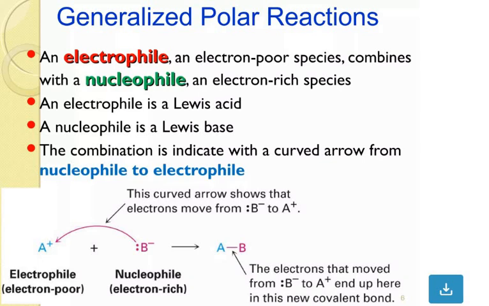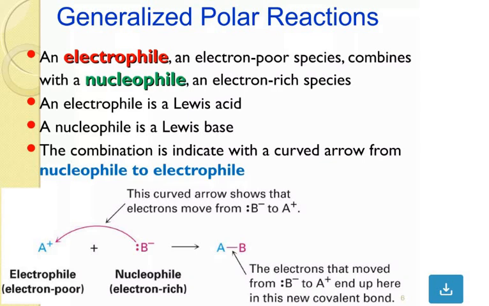So, generalized polar reaction: an electrophile, an electron poor species, combines with a nucleophile, an electron rich species. Electrophile is a Lewis acid, nucleophile is a Lewis base. A combination is indicated with a curved arrow from nucleophile to electrophile. This curved arrow shows that electrons move from B minus to A plus. So electrophile A plus, electron poor; nucleophile B minus, electron rich.